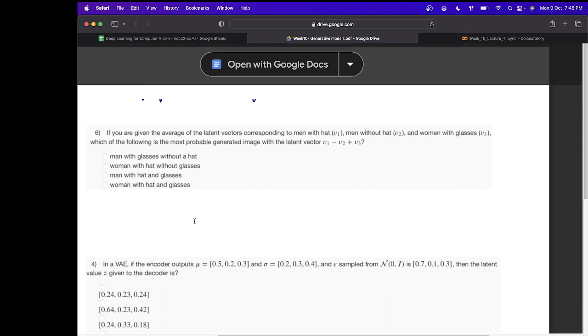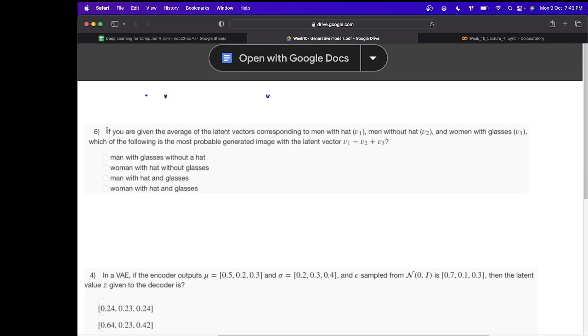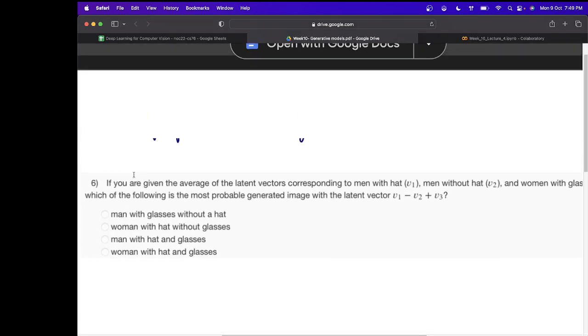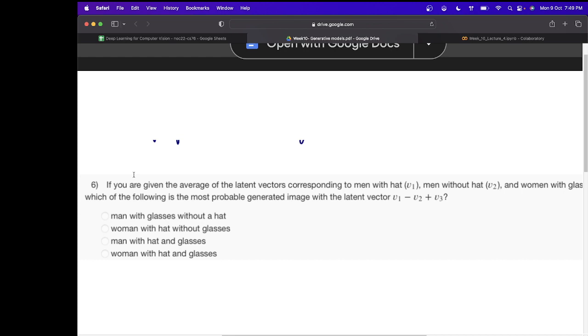Some very simple questions once again. So let's read this question once, and it'll give you some feel of what we are trying to do. Suppose you have latent vectors, right?